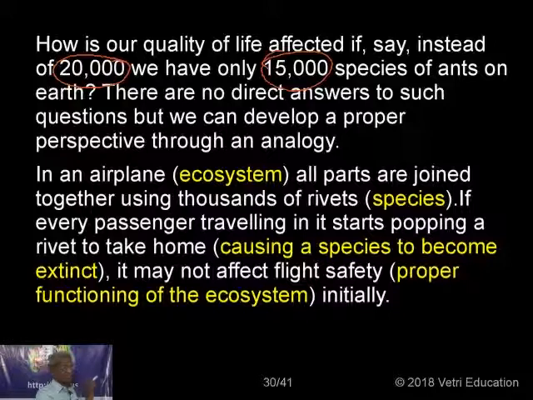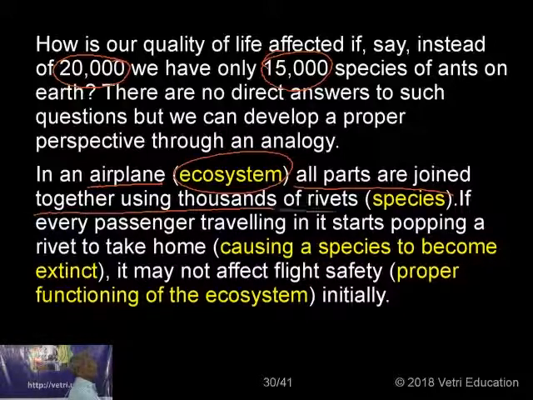But one thing is very sure. Read carefully what will happen. In an aeroplane, which is compared to the ecosystem, all parts are joined together using thousands of rivets. This rivet is equivalent to a species.